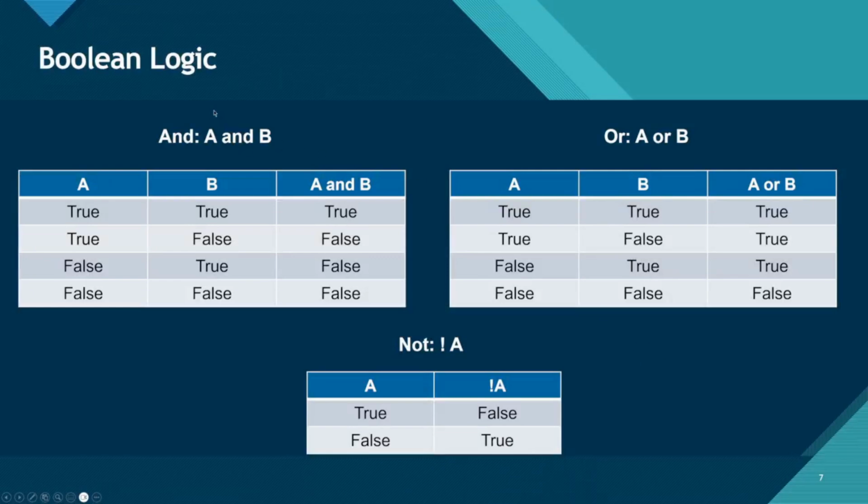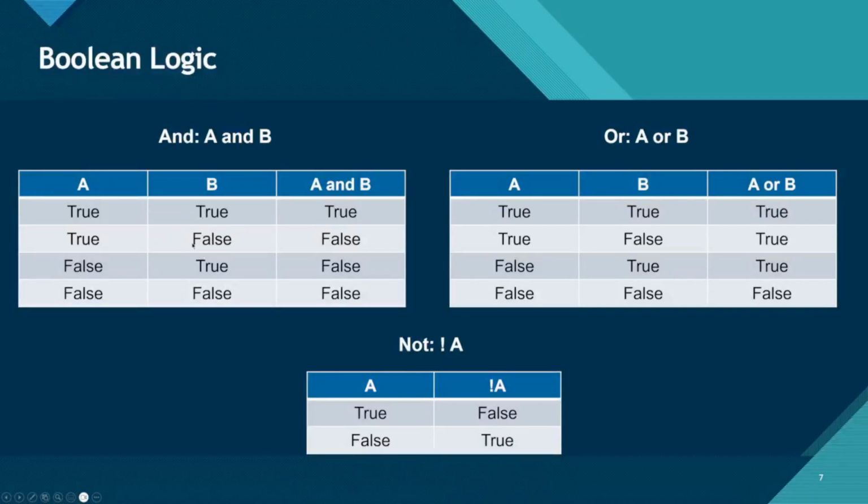So an and is a strict. A and B must both be true. So if A and B are true, A and B evaluates to true. In any other case, it's false. So if you imagine asking a little kid two questions, did you do this and did you do this? Did you wash your hands and brush your teeth?